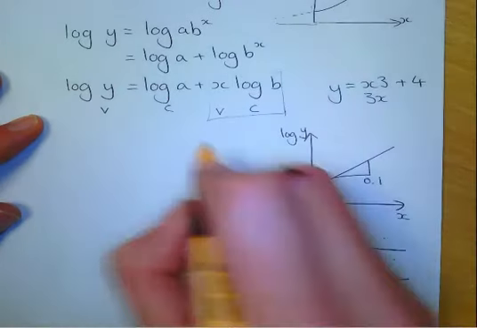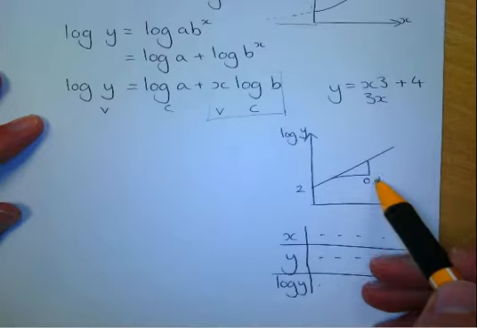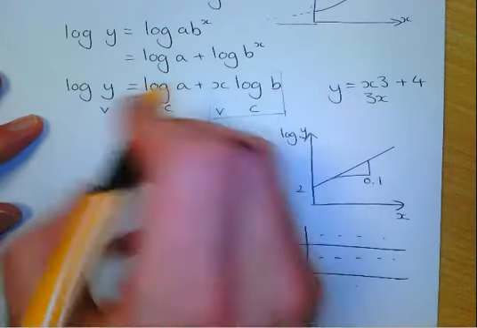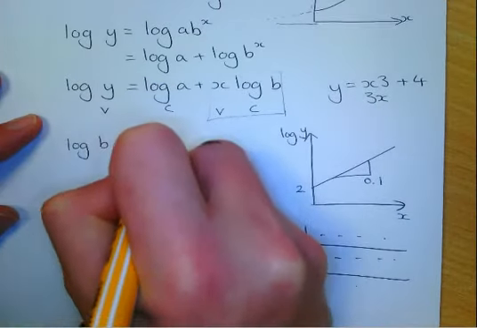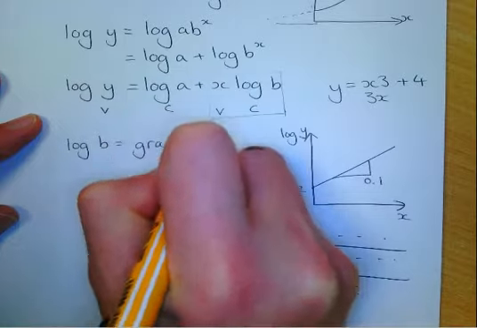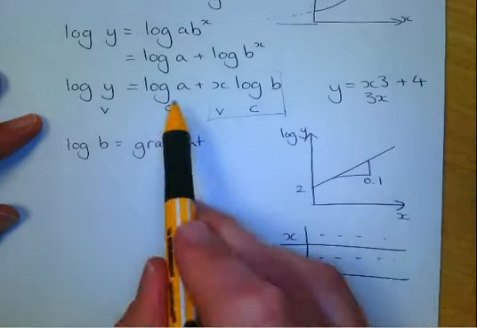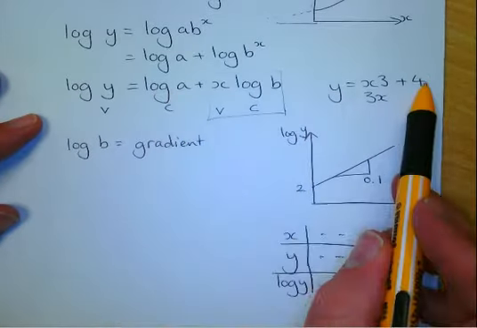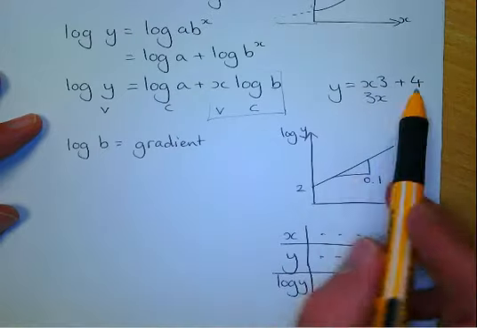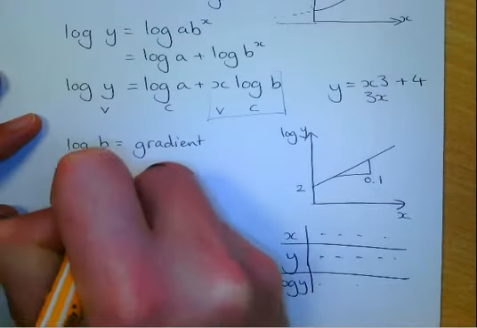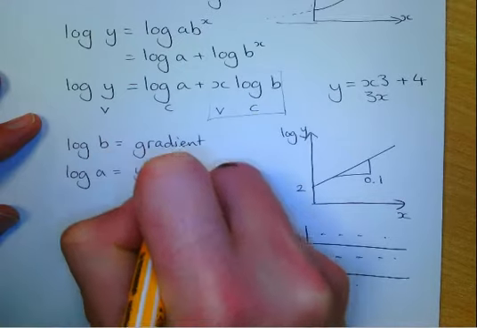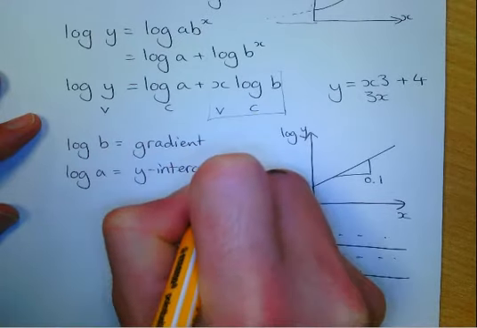So I know the constant on the constant variable is my gradient, so the constant term is log of b this time, and that's the gradient. And the constant term on its own must be the y-intercept, linking to graph knowledge that you're probably an expert at now. So log of a is the y-intercept. And you'll notice for both models, log of a was always the y-intercept.